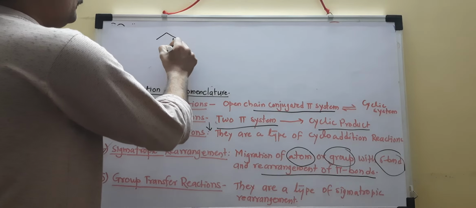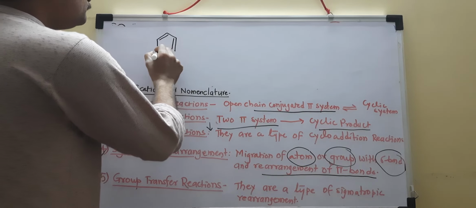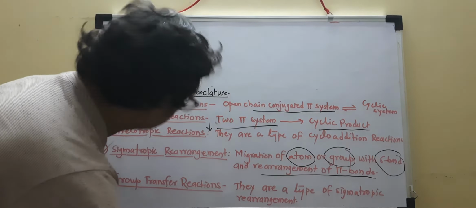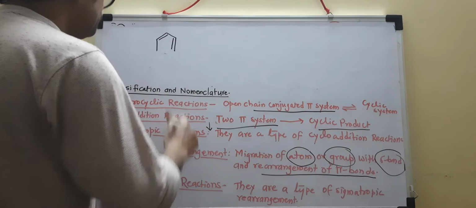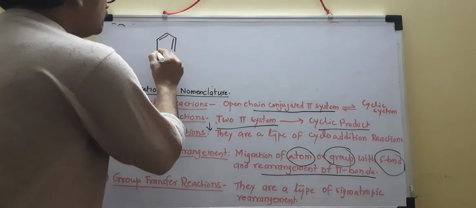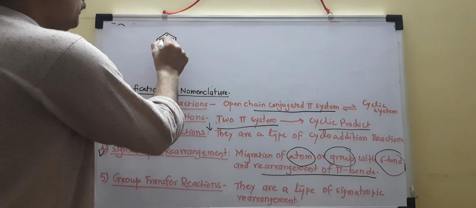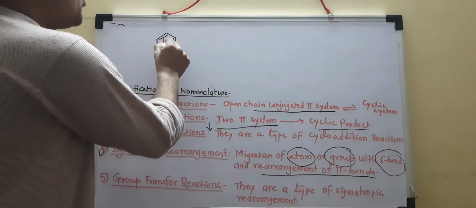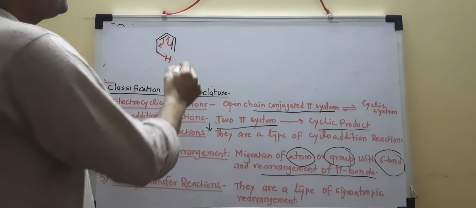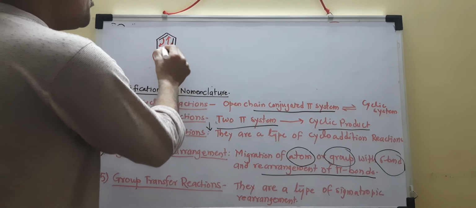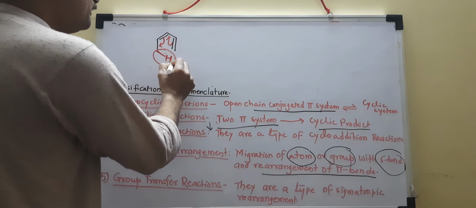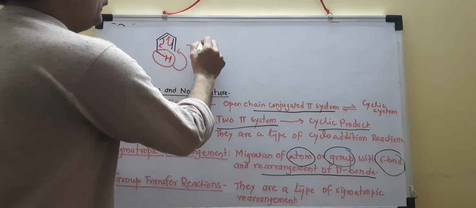I can give you one example. Suppose this hydrogen is there, I use a different color. This bond is shifted here, and this bond is shifted here, and this hydrogen is migrated from this carbon to this carbon.